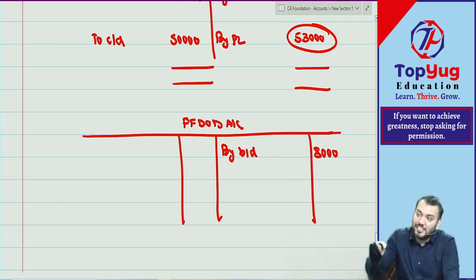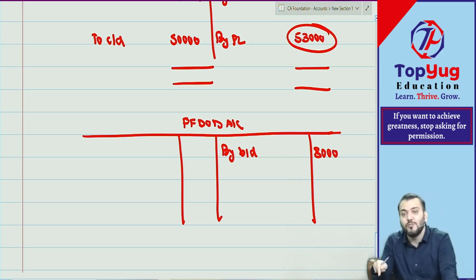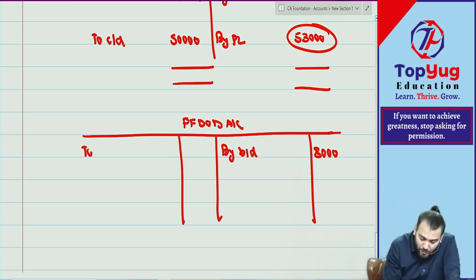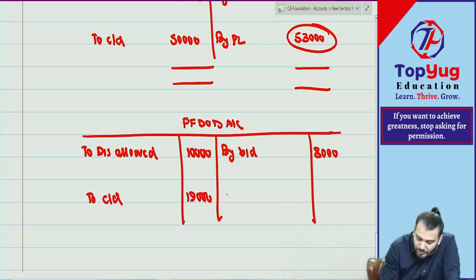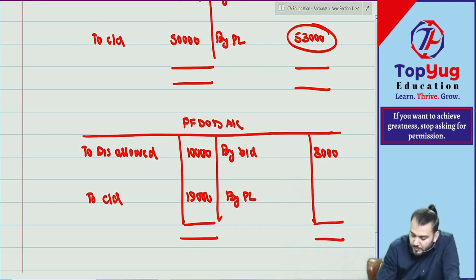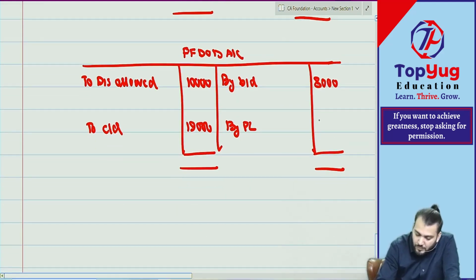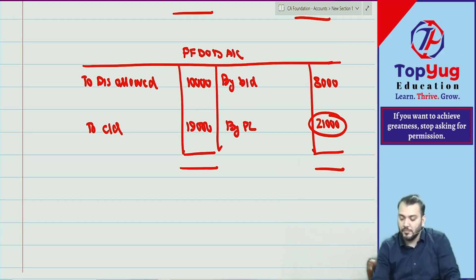But whenever you create provision, then that expense will be closed by transfer to provision account. Understood? This is the rule. We write down to discount allowed, how much? 10,000. But how much is the closing balance? 19,000. So how much will be PL? Tell me. 21,000. Understood?